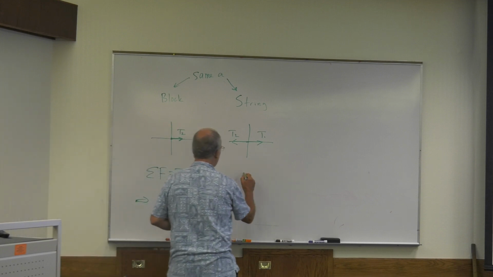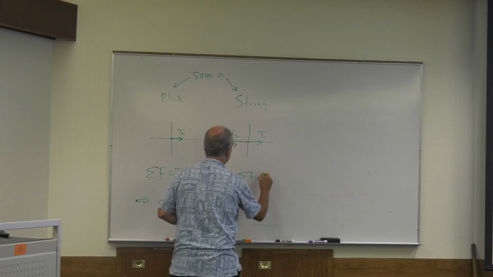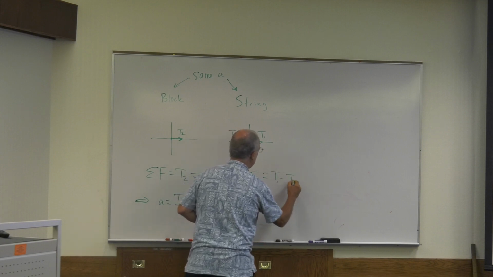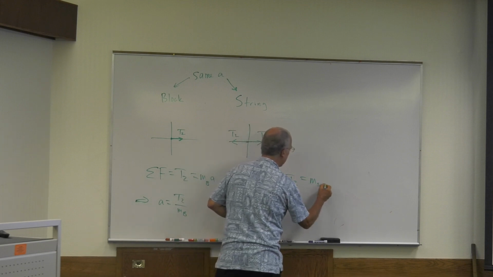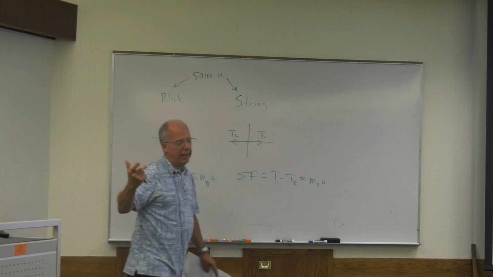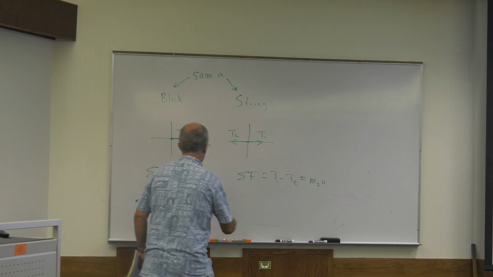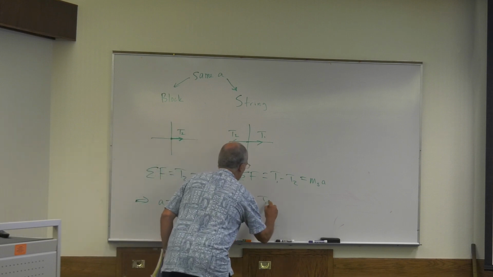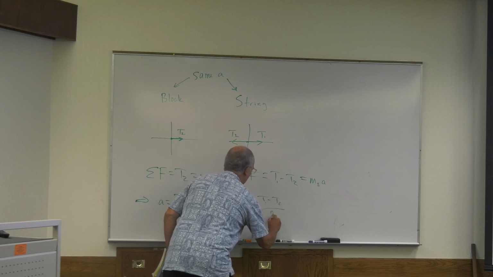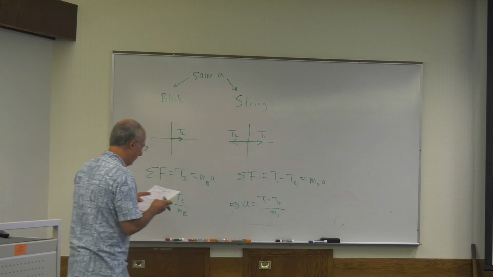For the string, the sum of the forces is T1 minus T2, and that equals the mass of the string times A. Again, A is A, no subscript necessary. So A is equal to T1 minus T2 over M string.